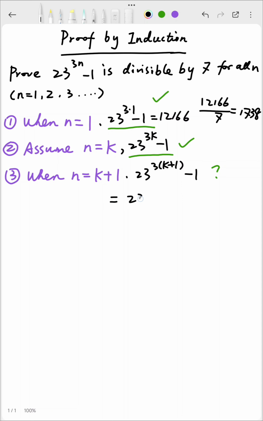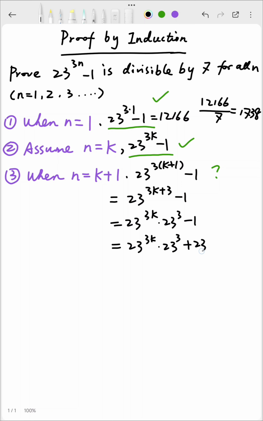Let's unpack this expression a little bit. I'm going to do a little bit of manipulation here by creating 2^(3k) and then take away this term because I do not want to change the question.